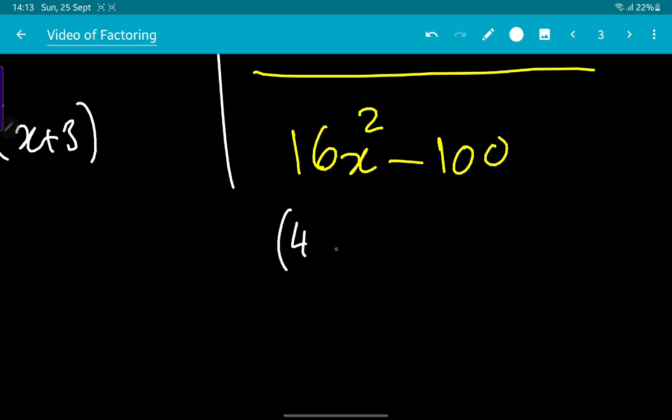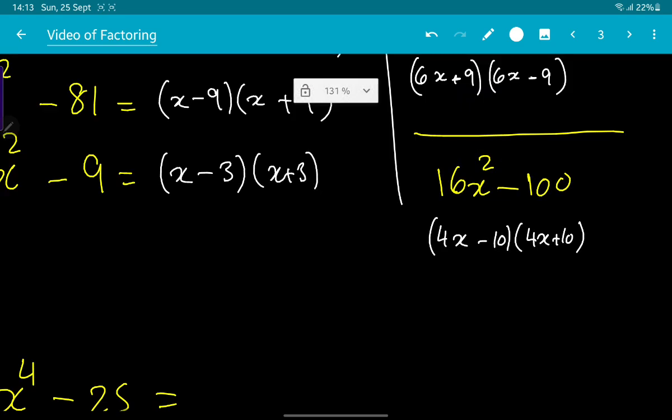Here the same for x minus 10, for x plus 10. We can start with the positive in the first bracket, or we can start with the negative, so no problem with the order of the signs.